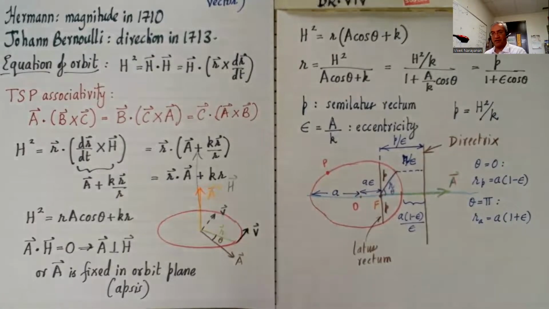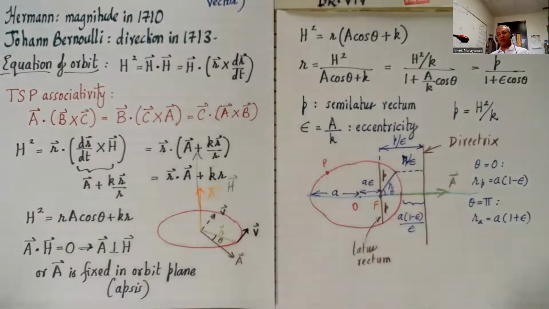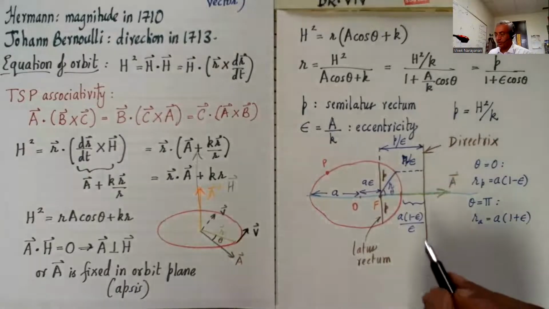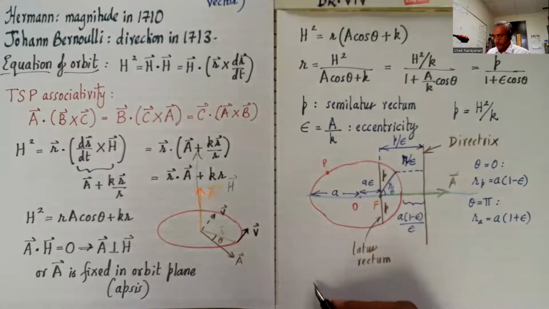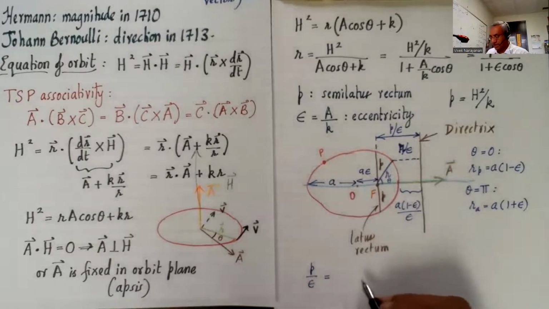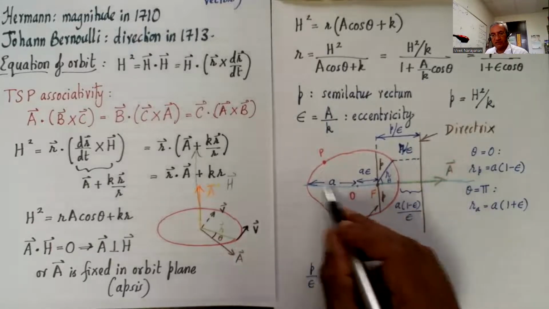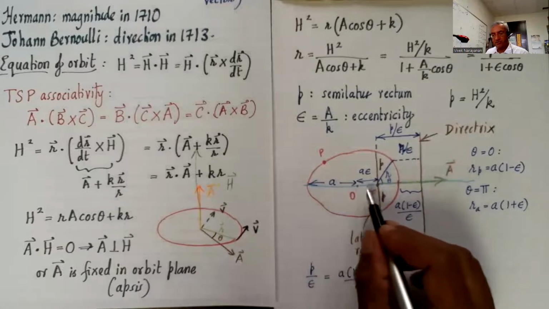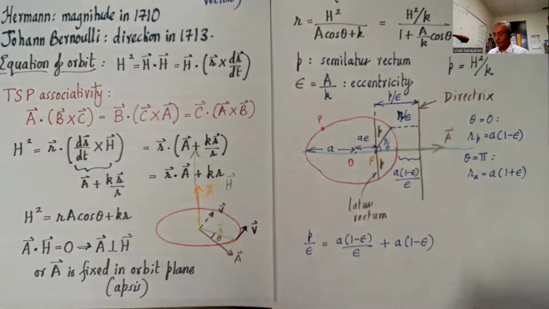To do that, we have to find out the real meaning of the term P. P is h squared over k, but since we don't know what h squared is, that doesn't help us much. But this distance is P over epsilon. Let's try to break that distance up. So P over epsilon must be equal to this distance, which is given to us, A times 1 minus epsilon over epsilon, plus this distance. Now, what is that distance? It must be A minus A epsilon, so it's A times 1 minus epsilon. From this, we can easily work out what P is.